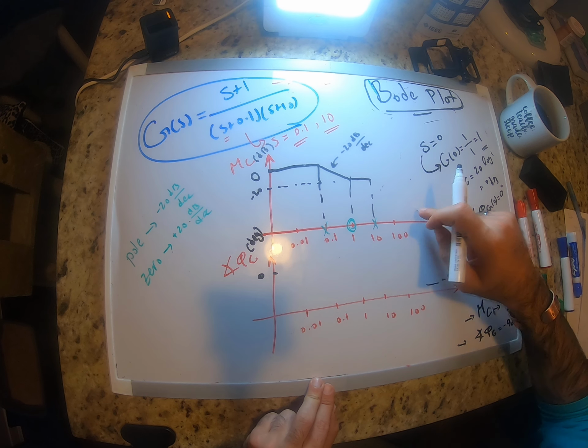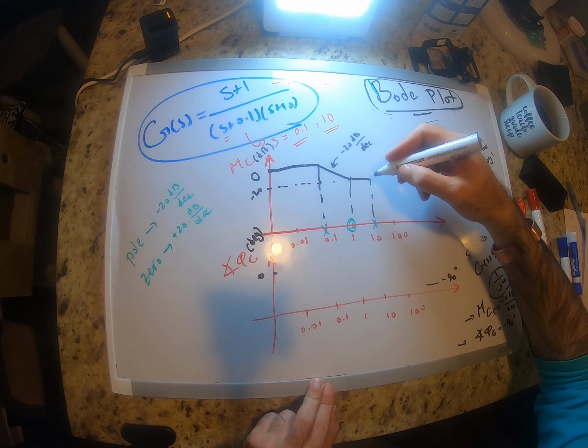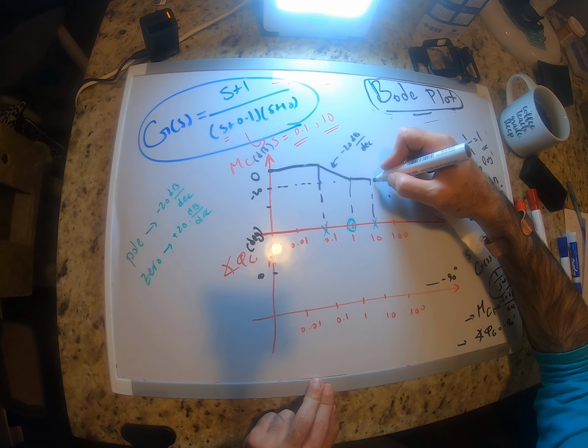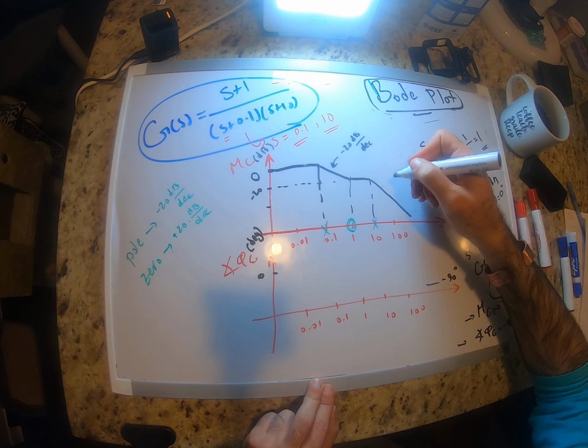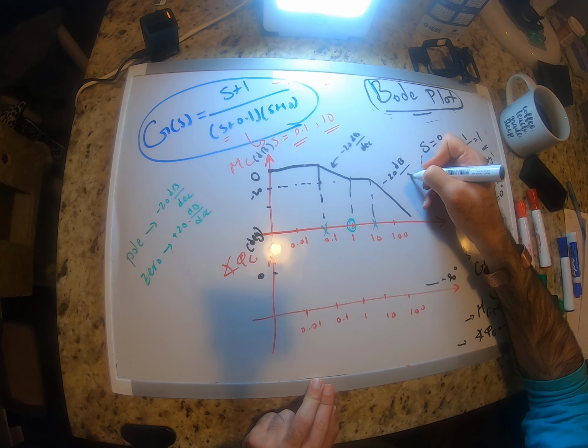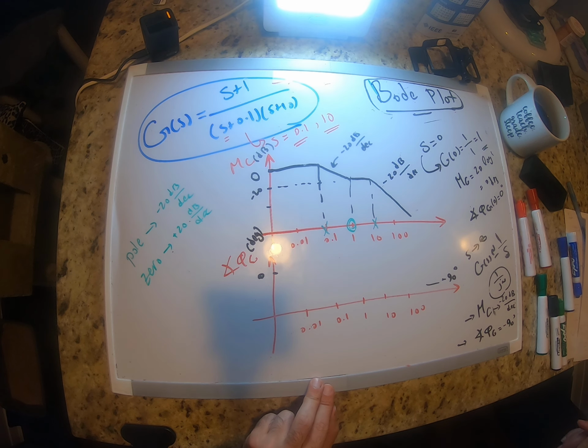And now we have another pole, so from this point on our gain is going to be negative 20 dB per decade, and it's going to continue.